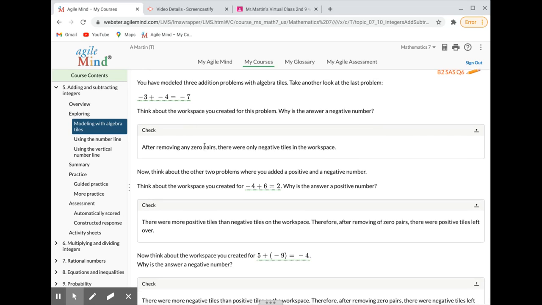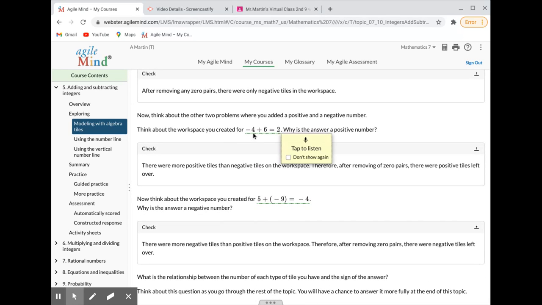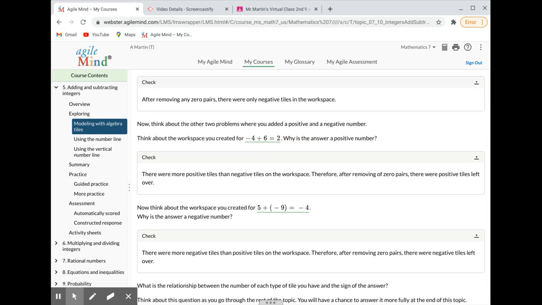Okay? Now, in this next case, we have -4 and +6. Is -4 or +6 further from 0 on a number line? 6. So since 6 has the greater absolute value, our answer is going to be positive.